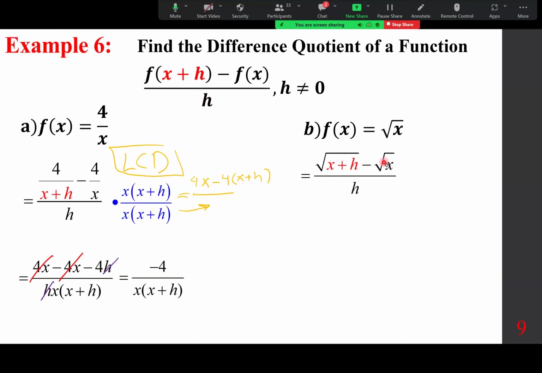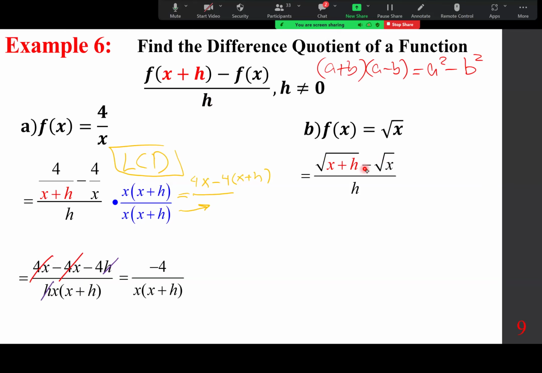Let me remind you of that. Conjugate of a plus b is a minus b, and their product is a squared minus b squared.